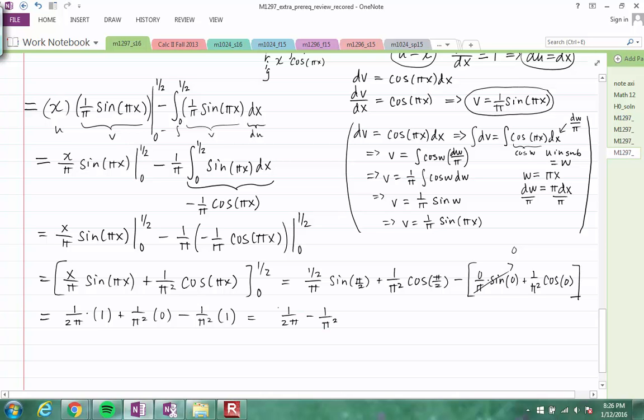And as far as I'm concerned, that's good enough. It's an exact answer. If you wanted to be fancy, you could write it as 1 fraction, but totally not needed, not worth extra points or anything, but that would be pi minus 2 over 2 pi squared in case you care about that kind of thing. So that's it.